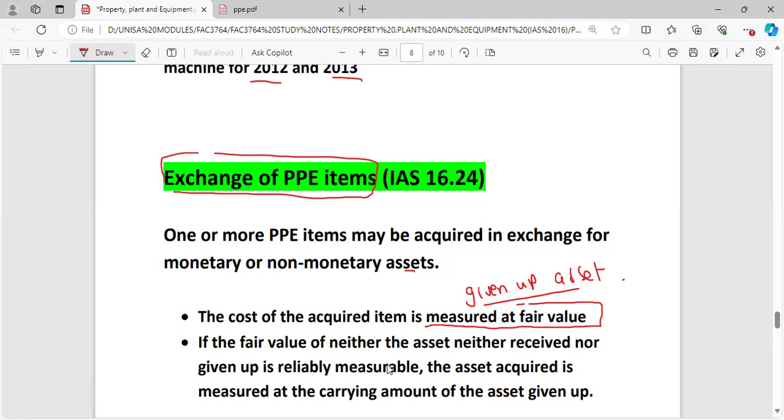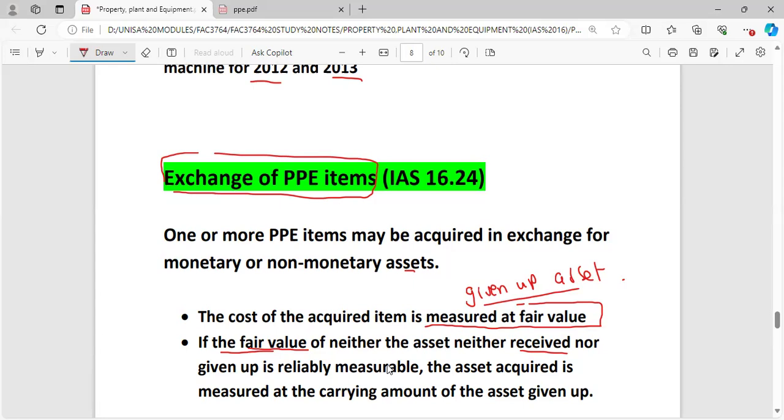But there is a situation where you can't determine the fair value of the given up asset or the received asset. In your question, you should look carefully.